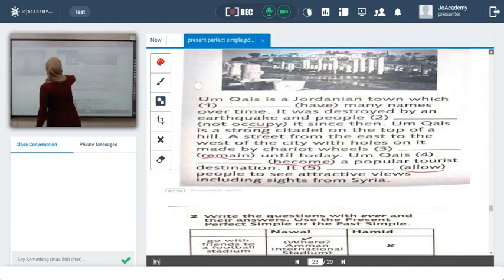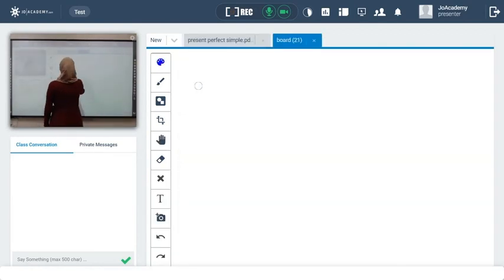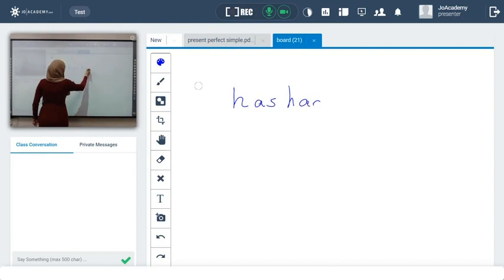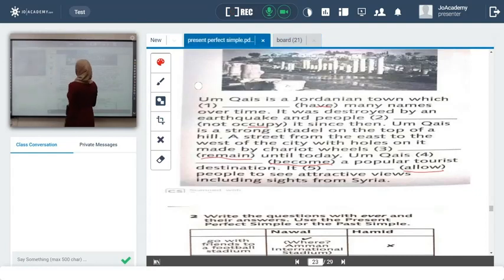The right answer is has. The right answer for number 1 is has had. So this is number 1, which has had many names over time.